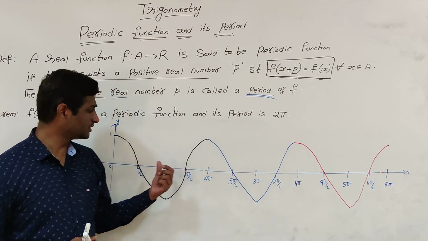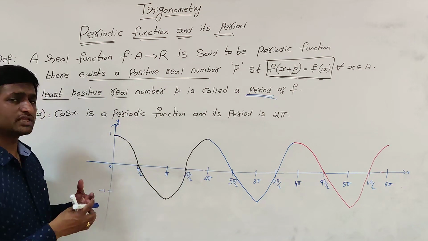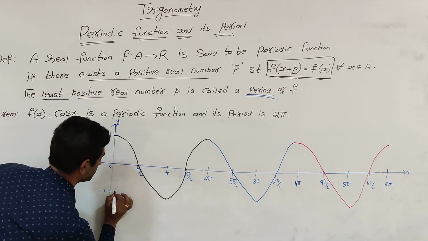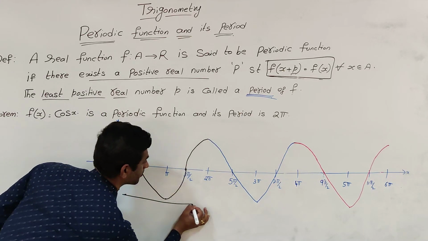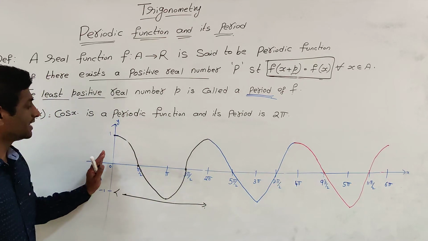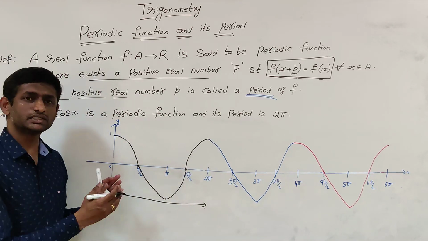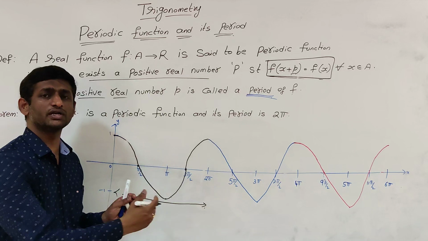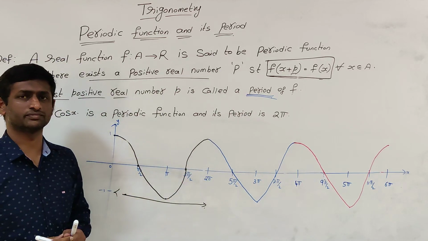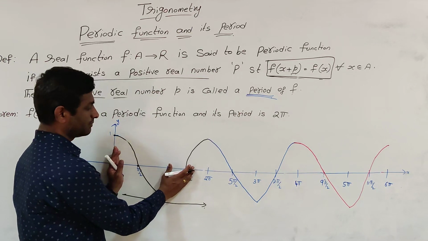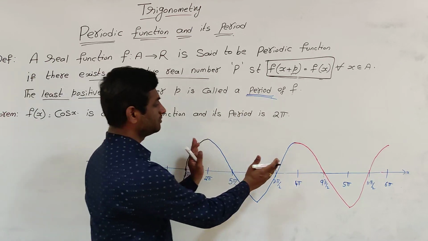And see the shape. Whatever the shape that exists between 0 and 2 pi, in a length of 2 pi units, the same shape repeats for every 2 pi units. See the shapes, whatever the shape in the black print is the same as in the blue print.